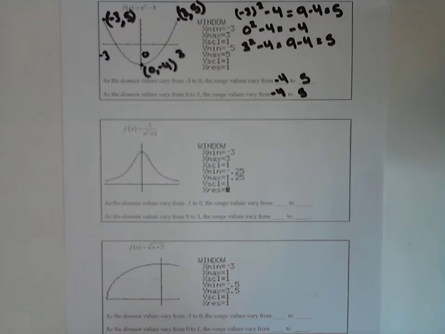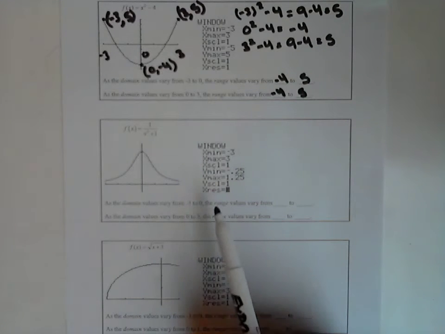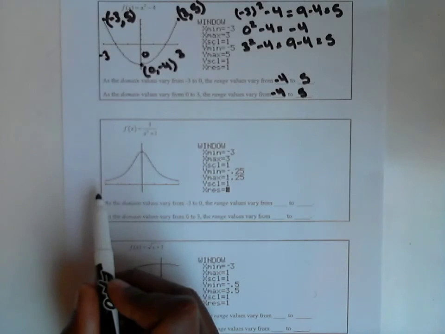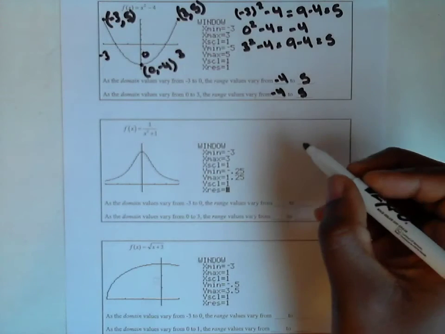Now we go to the second equation. We've got a different graph, a little bit different window too, and a different f of x. Now to do this, we'll do the same thing. Again, we've got to go from -3 to 0 and find out our range. So I'll do the same steps as I did before.